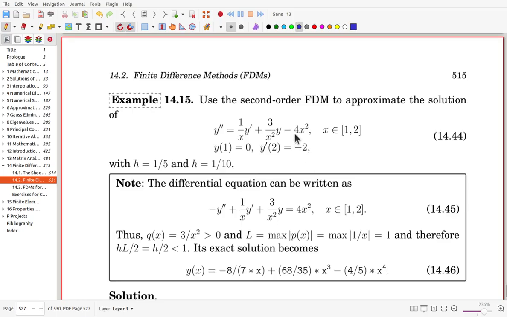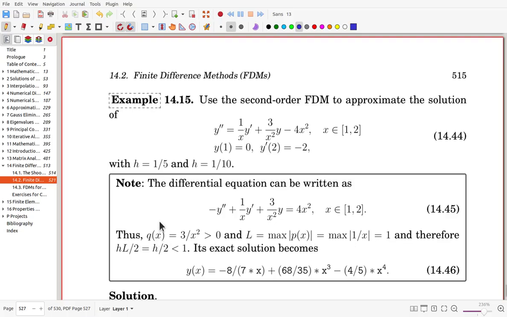We rewrite this one in this form, and now here this q is 1 over x squared and is positive, and p, the maximum over 1 to 2, is definitely bounded by 1.